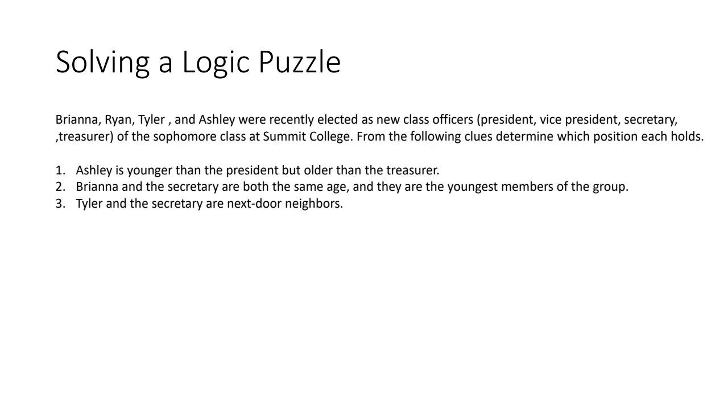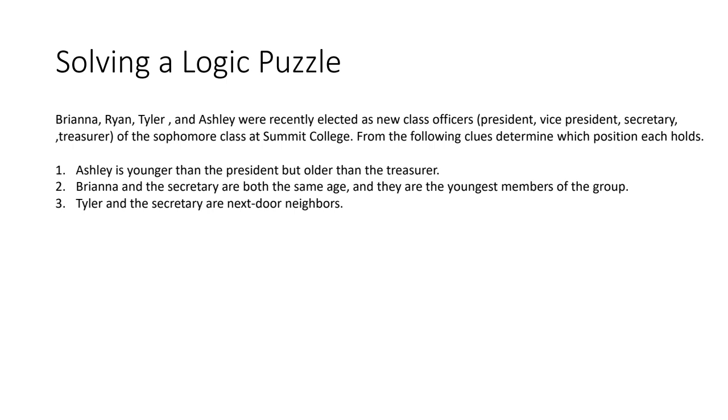So we have these 4 students that were selected, but we don't know what role they play. So we gotta look at the clues, at these 3 statements to determine who's the president, who's the vice president, who's the secretary, and who's the treasurer. So number 1, it says Ashley is younger than the president, but older than the treasurer.